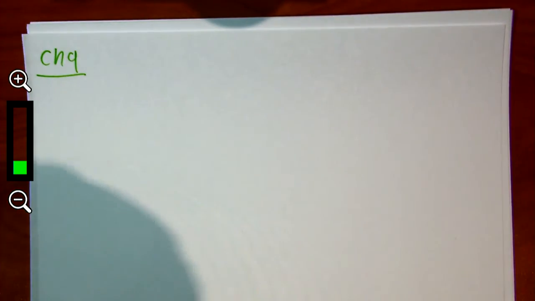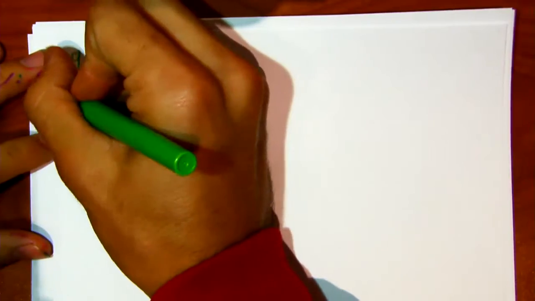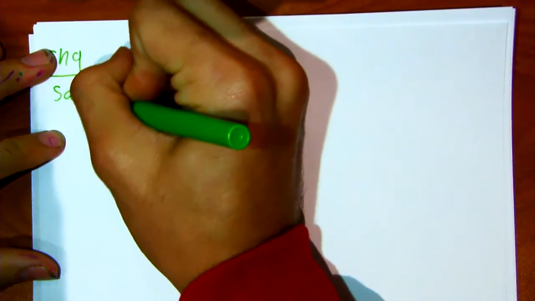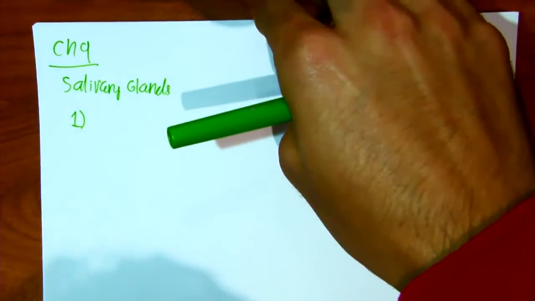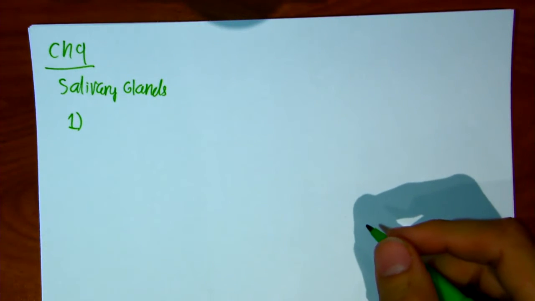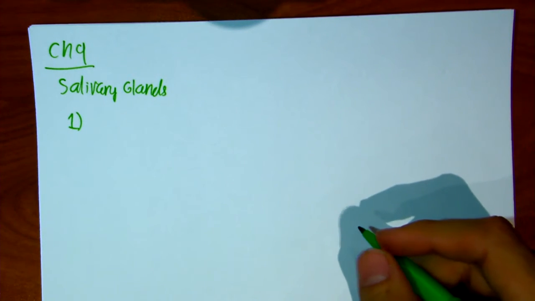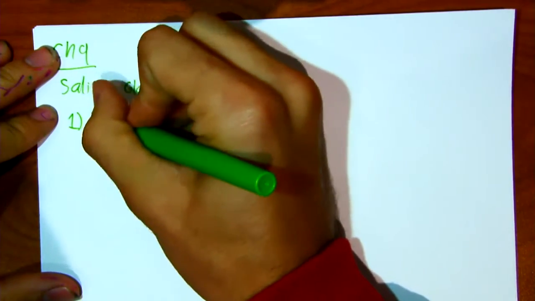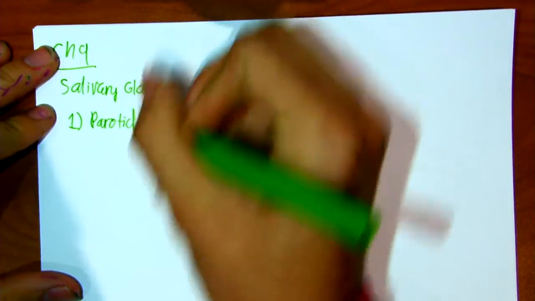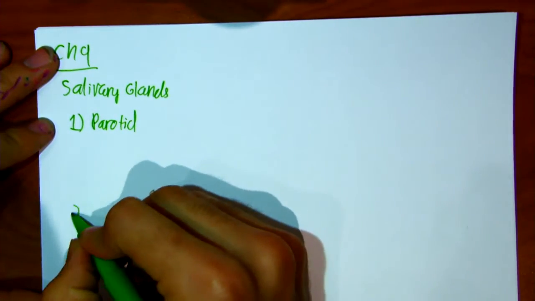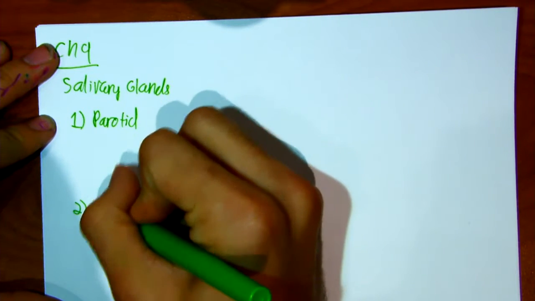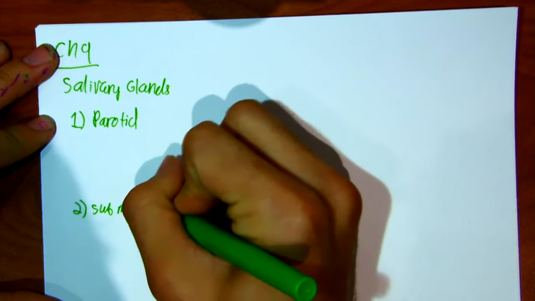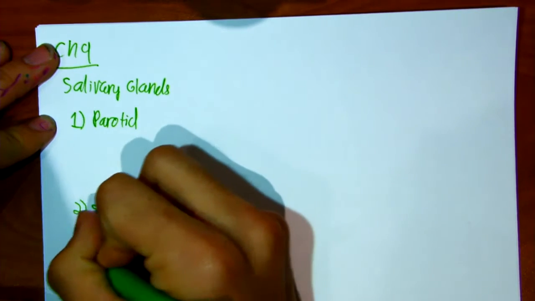All right. So let's talk about the salivary glands. Which salivary gland is the biggest? Yeah, the parotid gland. So what's the name of your other two salivary glands? Yeah, good. We have submandibular, and we also have sublingual.